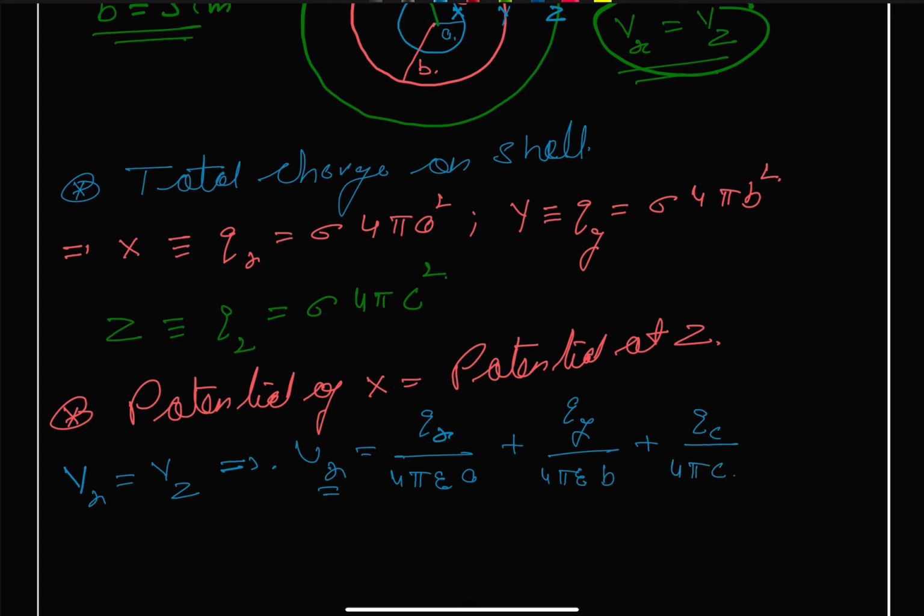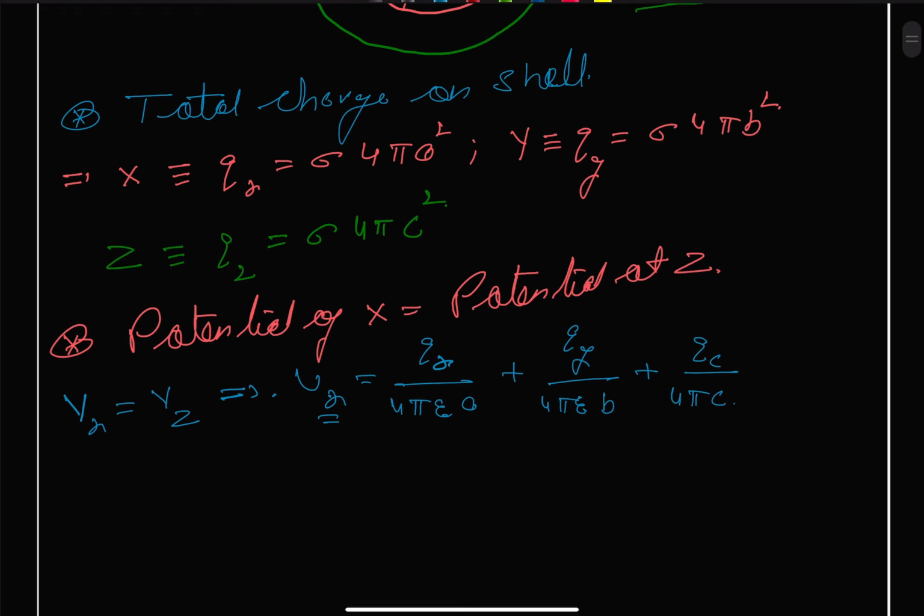And we have to remember this V of X is the potential on the innermost shell. Similarly, we can write V of Z. This is our outermost shell, so this will be Q of X upon 4 pi epsilon naught c plus Q of Y upon 4 pi epsilon naught c plus Q of Z upon 4 pi epsilon naught c.